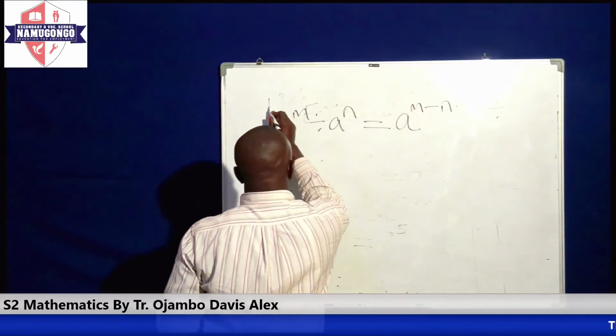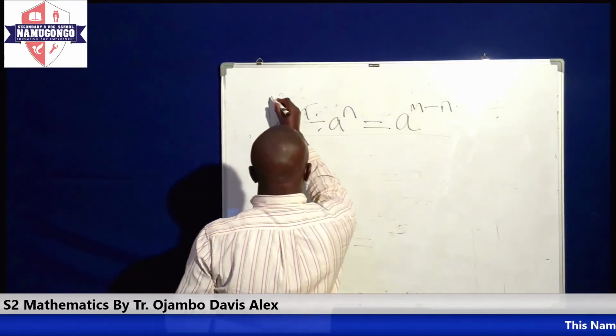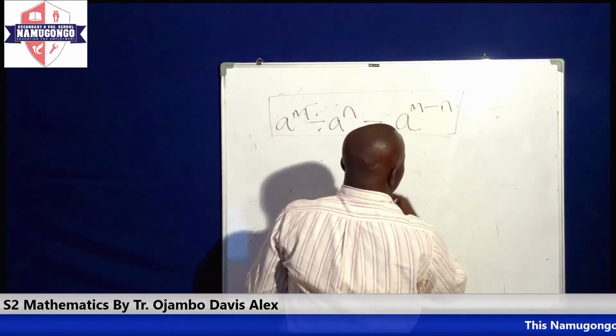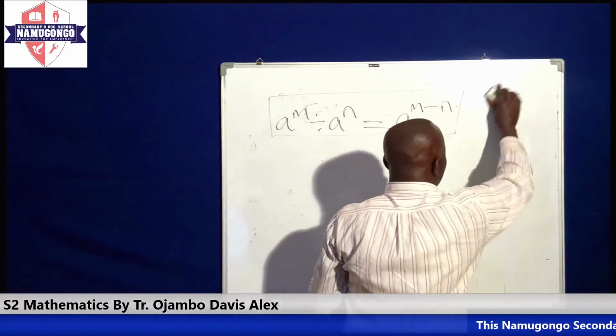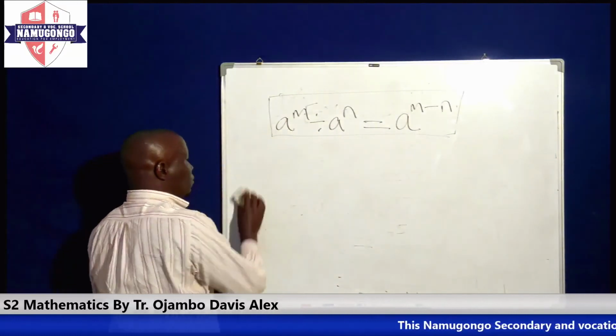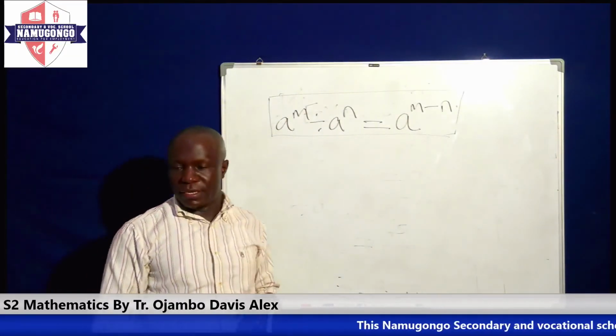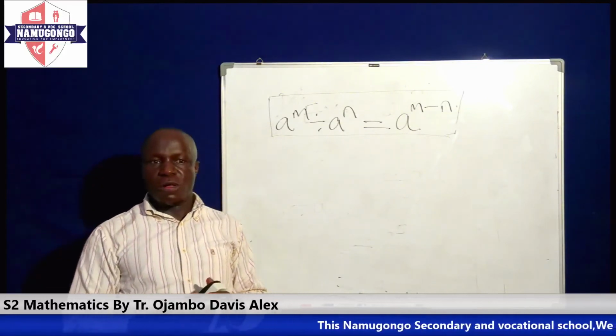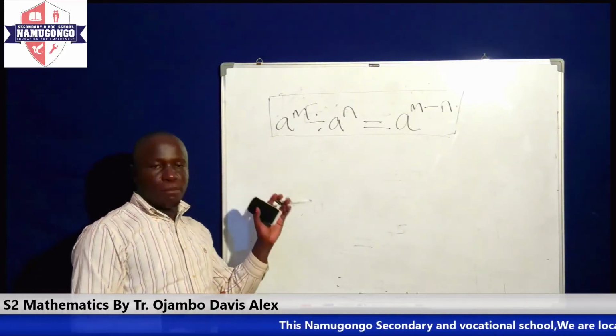So when you are dividing two numbers with the same base, you simply subtract the powers. Learners, I hope you are following what I am doing.